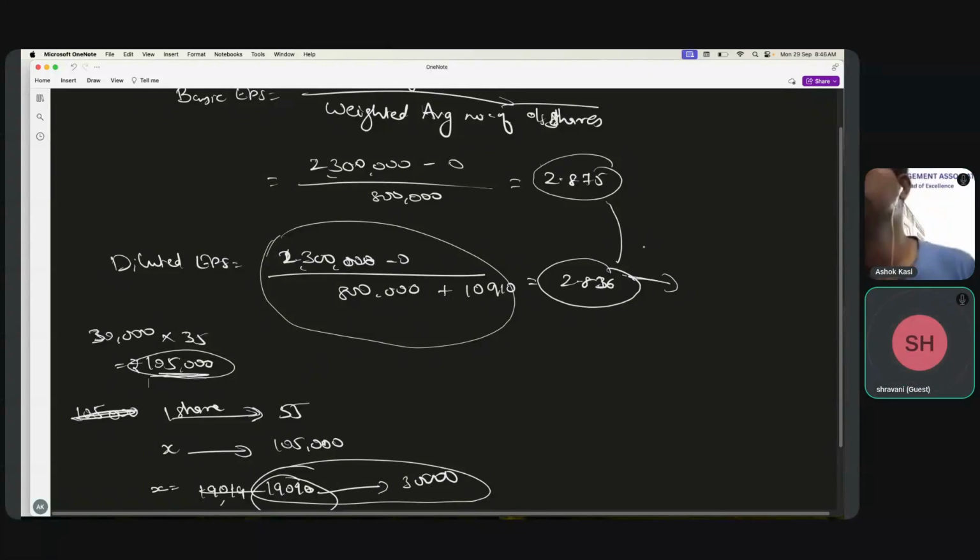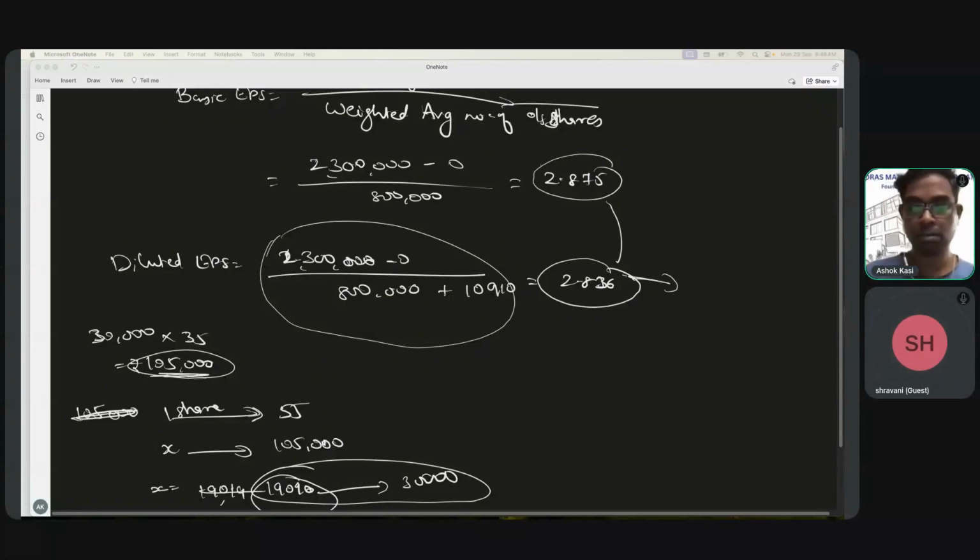Check. Is it matching? Yes, 2.84. Yeah, it's matching.